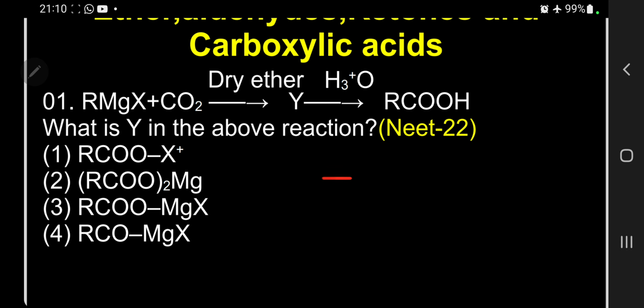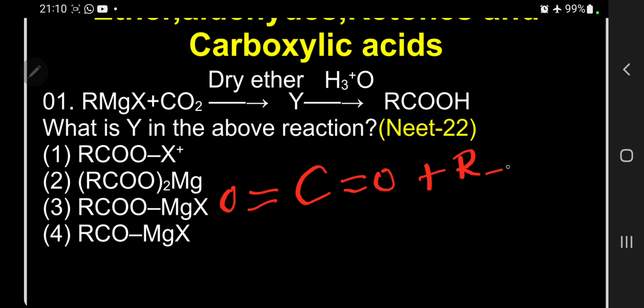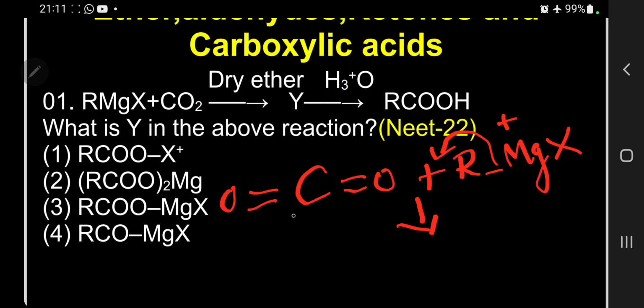Let me write the equation, you follow. Let me take carbon dioxide. So, when I am adding now Grignard reagent RMgX, what will happen now? This RMgX Grignard reagent will cleave in this way: R minus, MgX plus. Then one of the C double bond O gets polarized. So this is plus, this is minus.